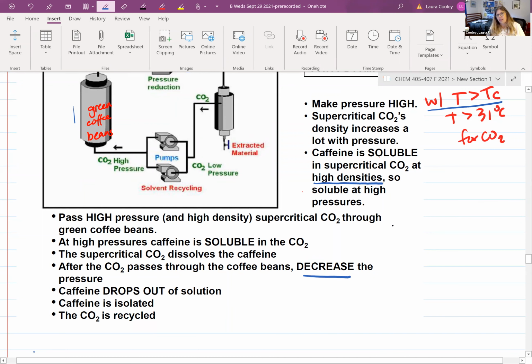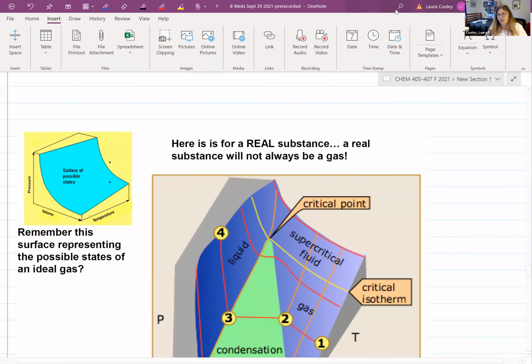And so then the caffeine drops out of the supercritical CO2. You can isolate the caffeine and you can recycle the carbon dioxide. So it's a very nice, neat method of getting the caffeine out of coffee for people like us, older folks who don't want to drink coffee all day long because they're not in school anymore.